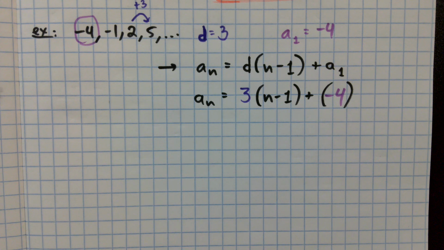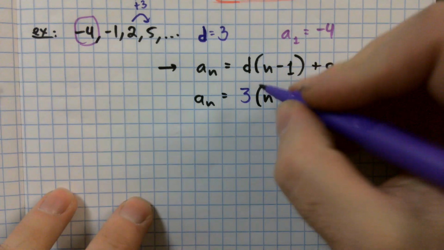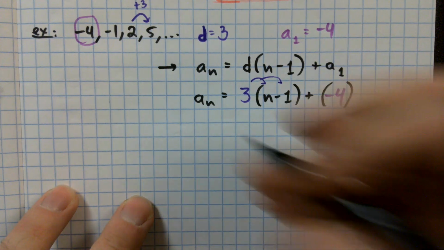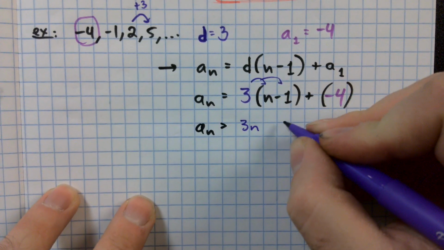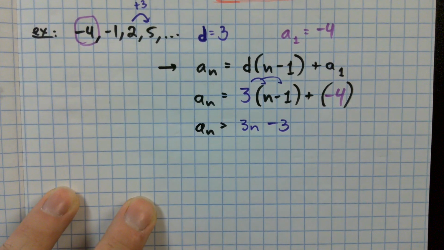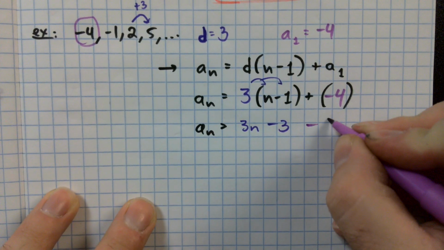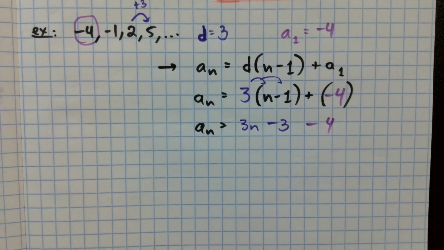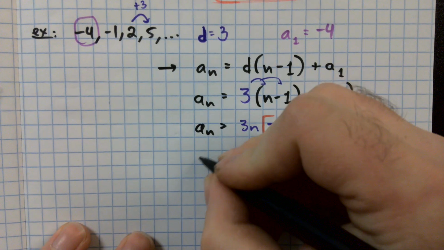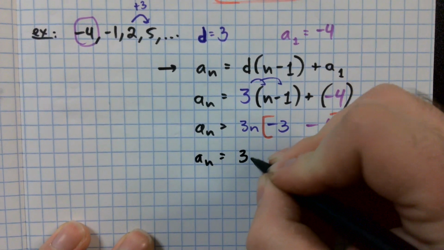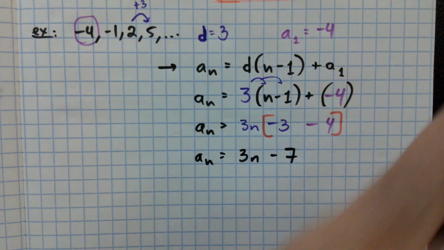I thought you were on the last step. Good, you guys are doing great. Just to move it right along, we distribute the 3 to the n and to the negative 1. A sub n is equal to 3n minus 3 minus 4. What's negative 3 minus 4? Negative 7. So a sub n is equal to 3n minus 7.